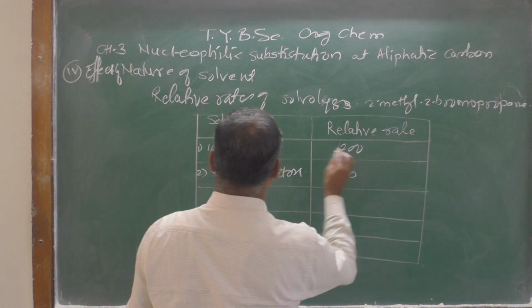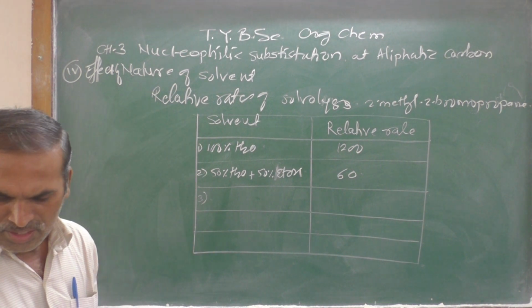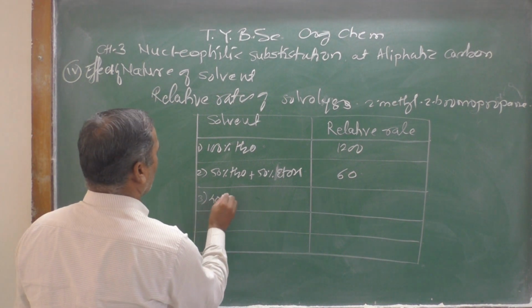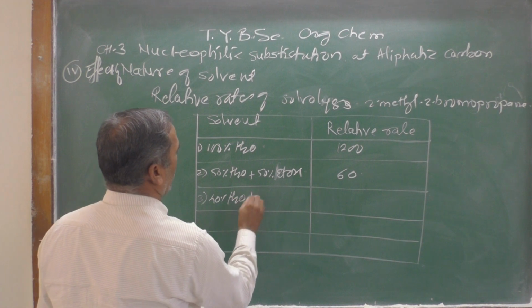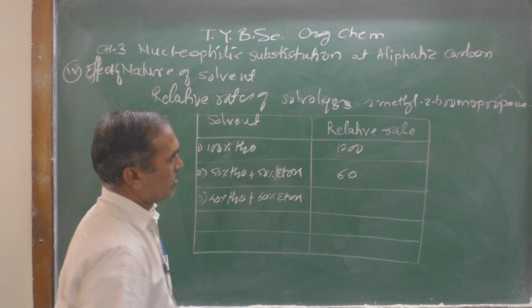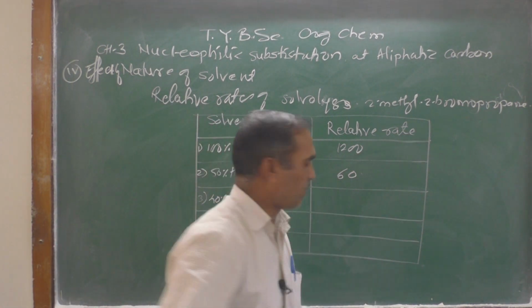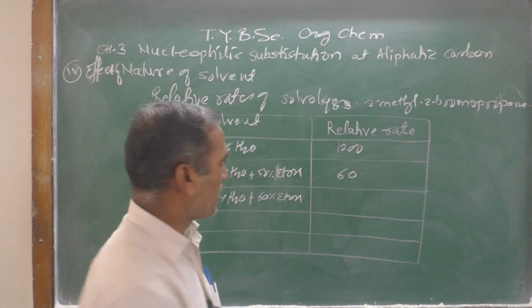Here it is found to be 60, and now I am changing the percentage: 40% H2O plus 60% ethanol, EtOH. The relative rate of that reaction is found to be 30.